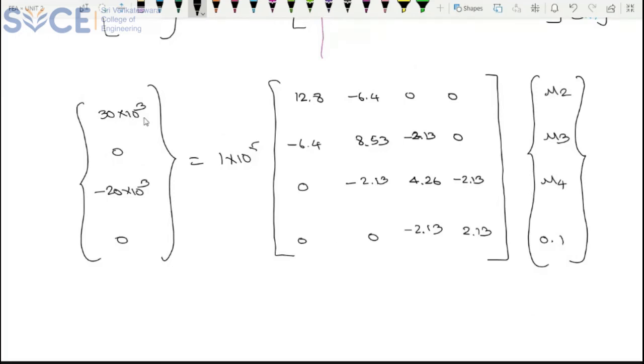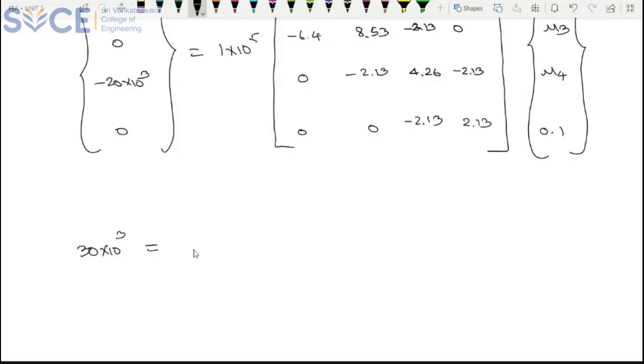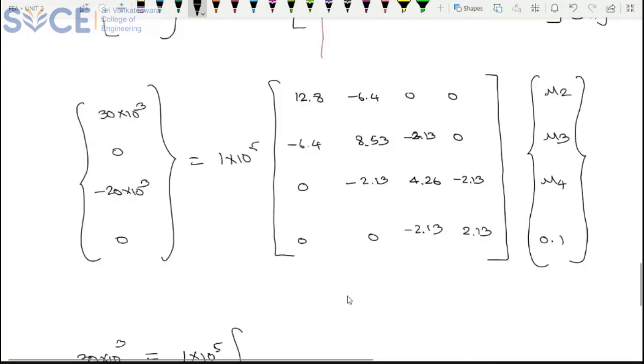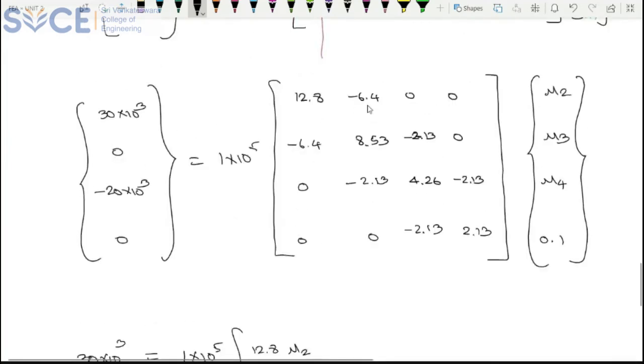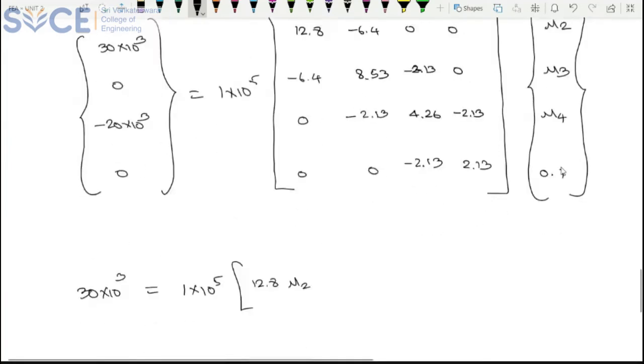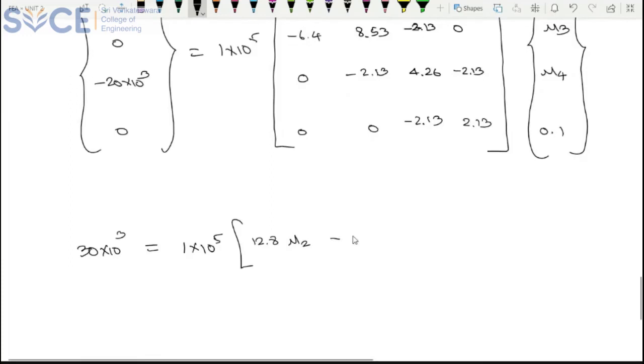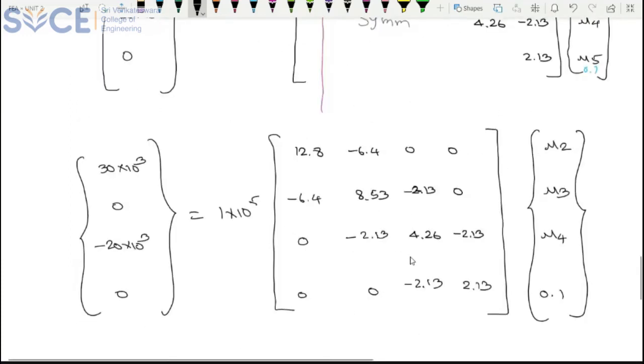So 30 into 10 power 3 is equal to 1 into 10 power 5 into the multiplication of this: 12.8 U2, then minus 6.4 U3, and 0 into U4, 0 into 0.1.